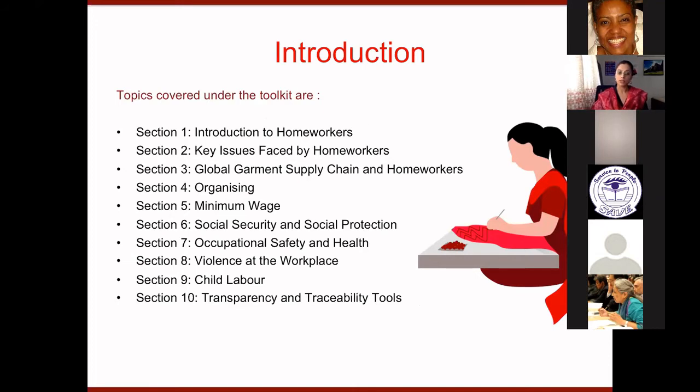The fourth chapter is on organizing. The fifth on minimum wage. The sixth chapter on social security and social protection. The seventh chapter on occupational safety and health. The eighth chapter is on violence at workplace. The ninth chapter on child labor. And the last chapter is on transparency and traceability.